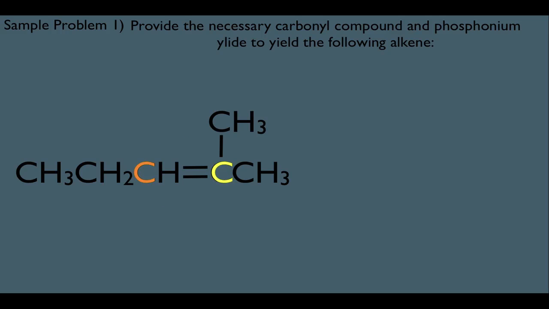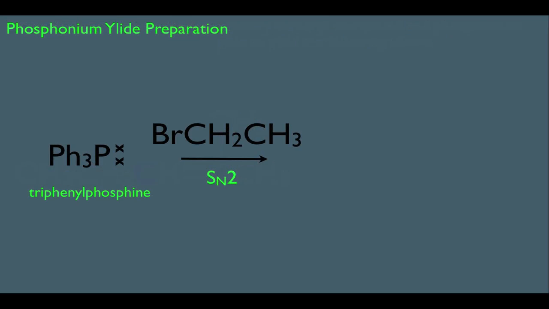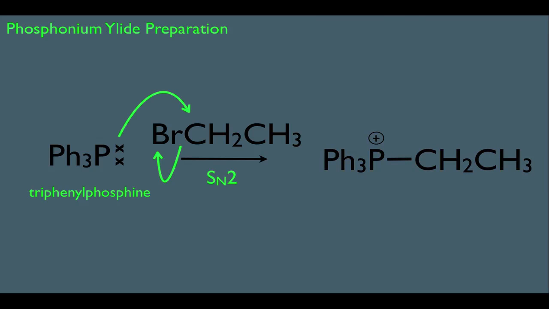Well, remember, let's go back to our phosphoylide preparation. Remember, the preparation of phosphoylides involves an SN2 reaction. Remember, the triphenylphosphine has to attack this carbon and boot off the bromine to get this thing right here, which means that this carbon right here, the phosphoylide carbon, was the original carbon in the alkyl halide.